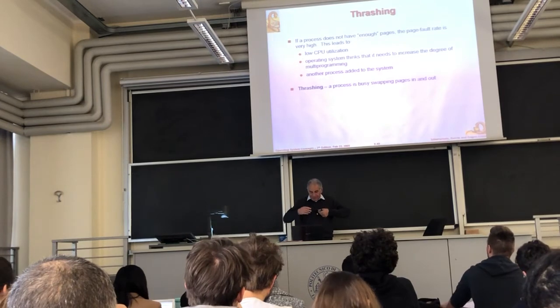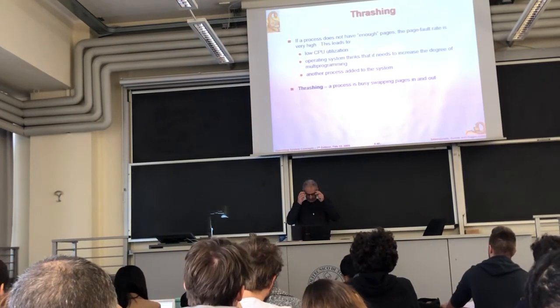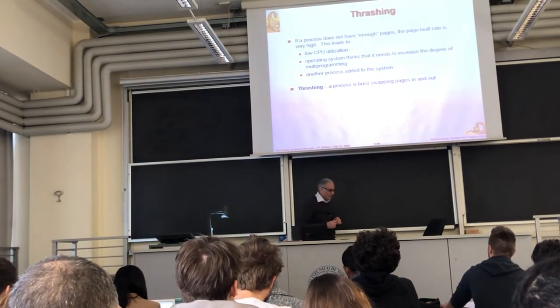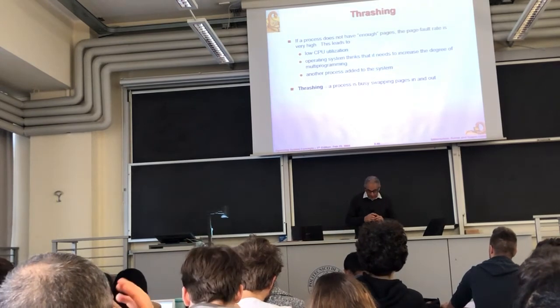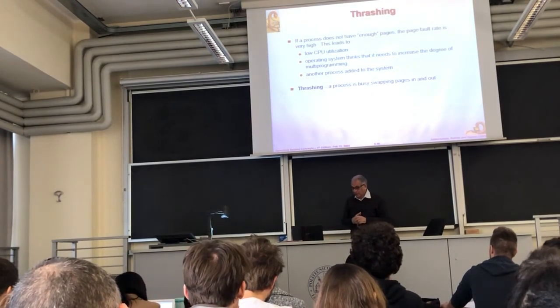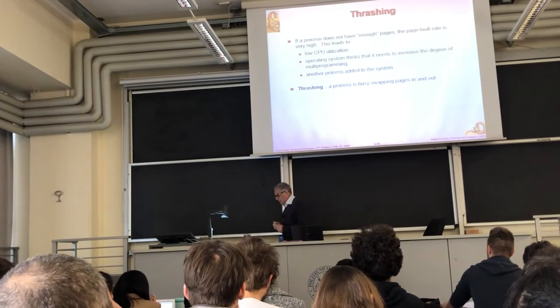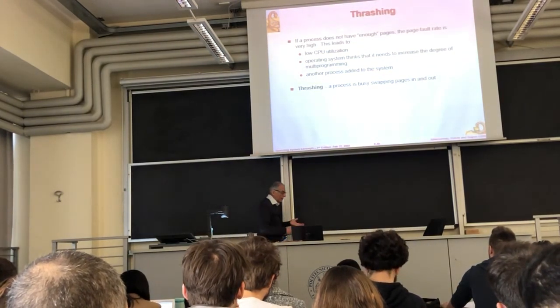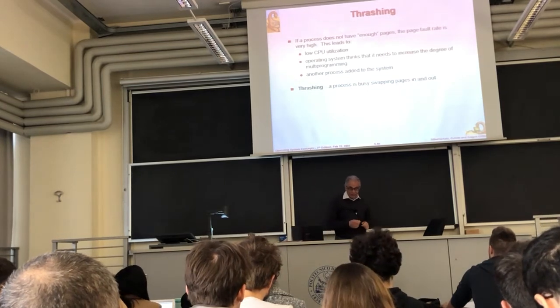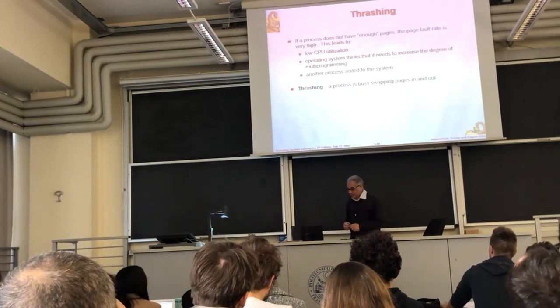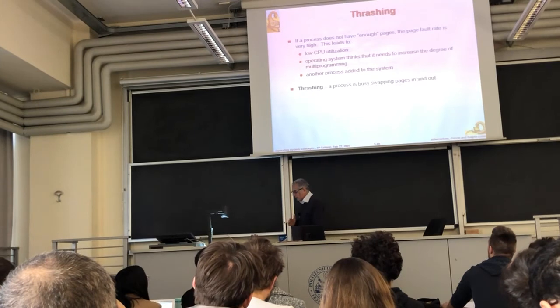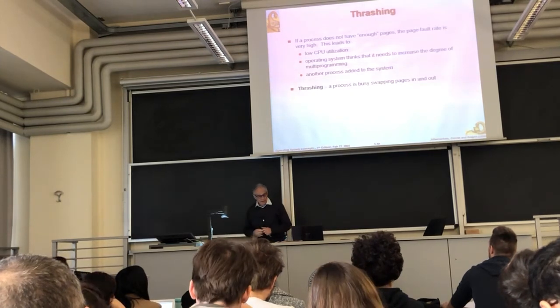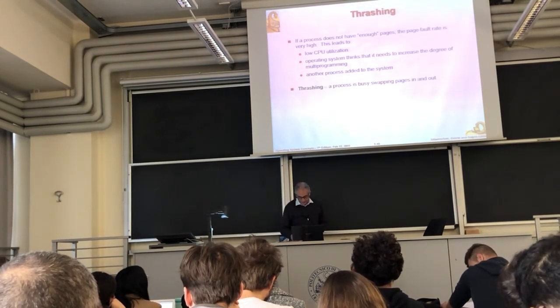Thrashing, as I said, means that the degree of multiprogramming is so high that the CPU utilization is almost zero, because the kernel spends all the time swapping in and swapping out missing pages.